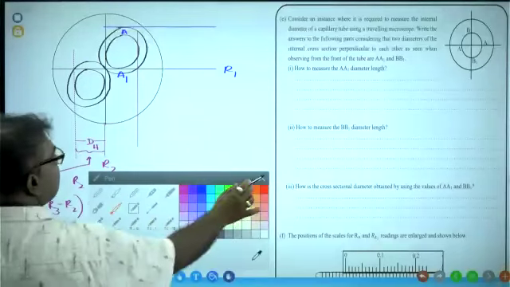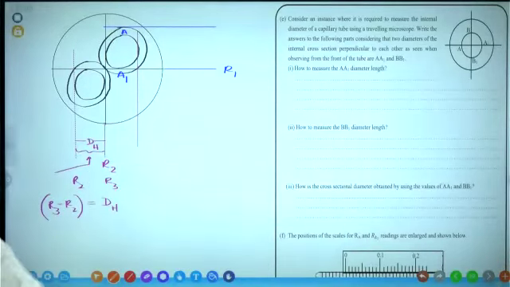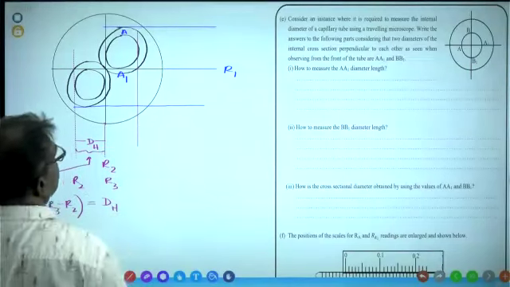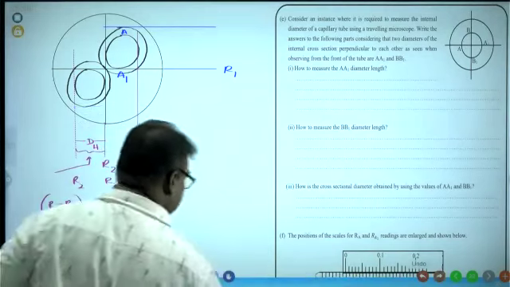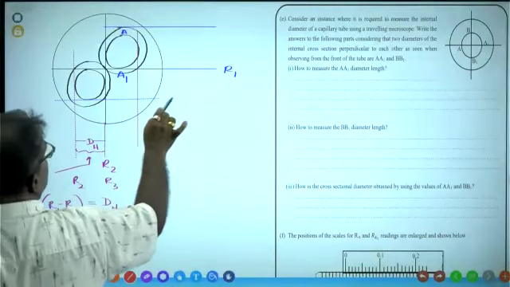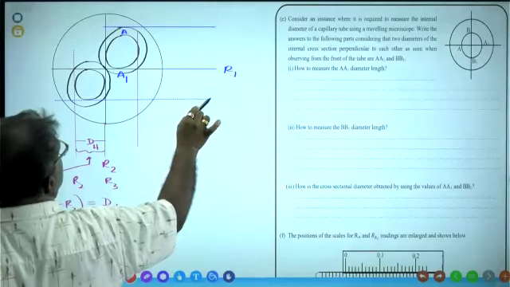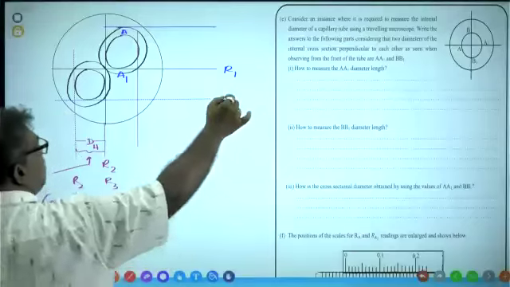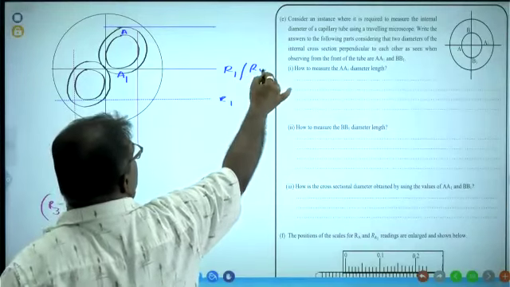And the vertical one, let's see. R1 is now turned into here. This is the R1 location. Make a shift. This is the R1 position, and this position now becomes R4.